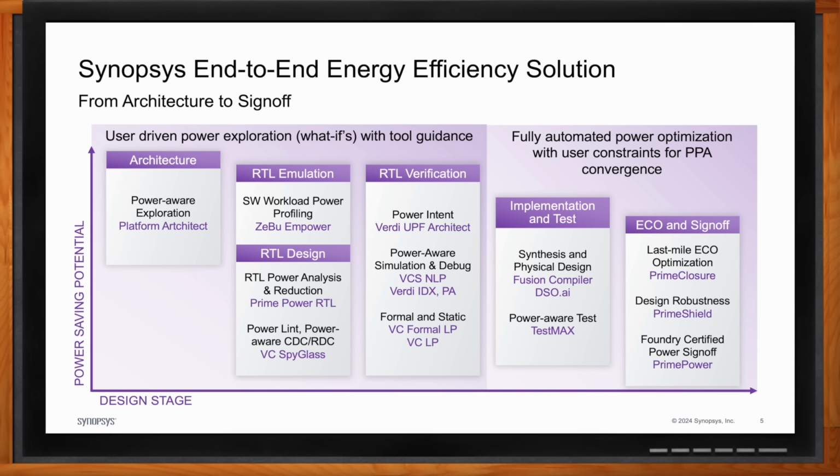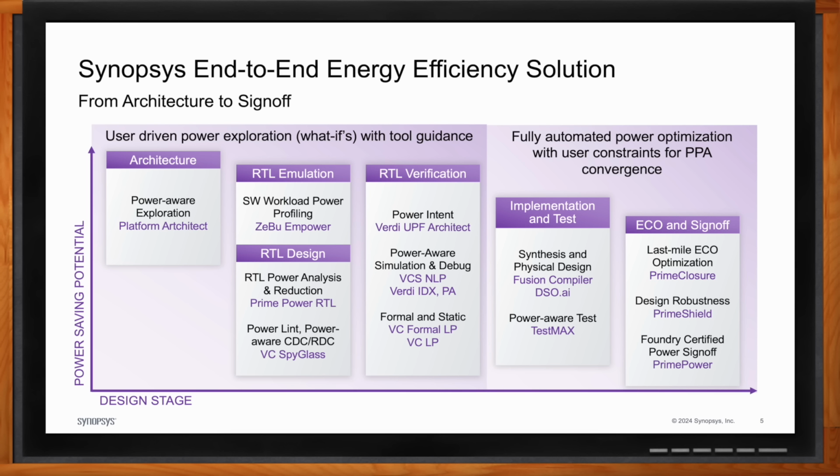And then later, as you go through the implementation flow, now you have more opportunity to take advantage of automatic power optimization. It's done within the full power, performance, area set of constraints and really drives the full closure of your design. So, what kind of power reduction results are we looking at through the entire design cycle?